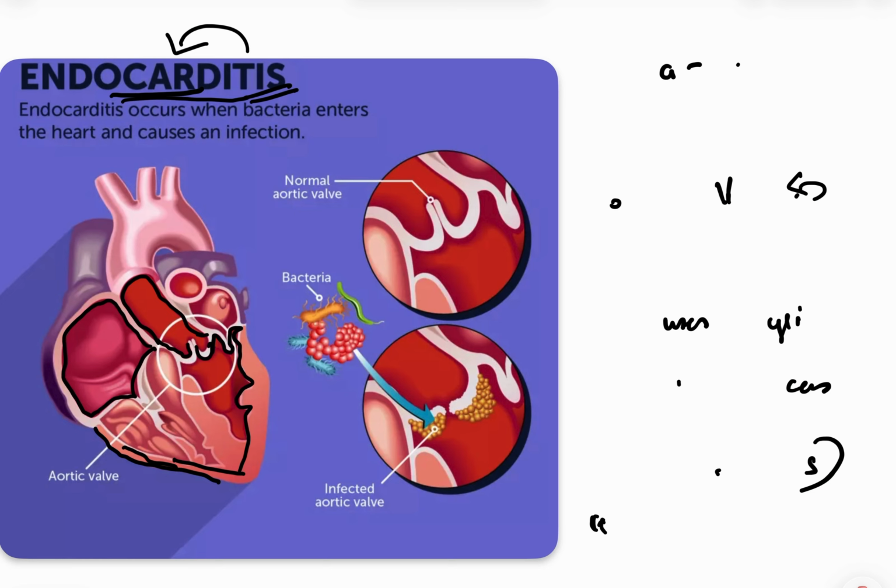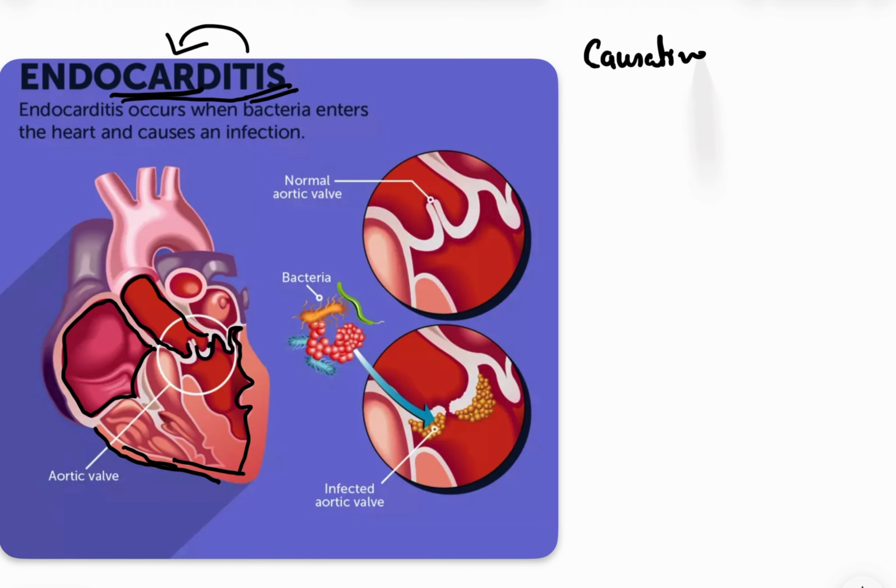Okay. So next, we are going to see what the causative organisms are and how this infection gets to the cardiac structure of the patient. What are the causative organisms for endocarditis?